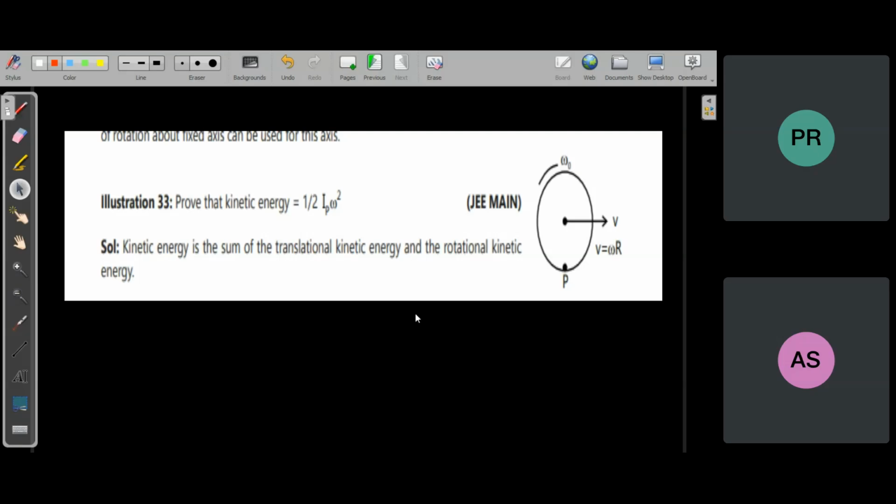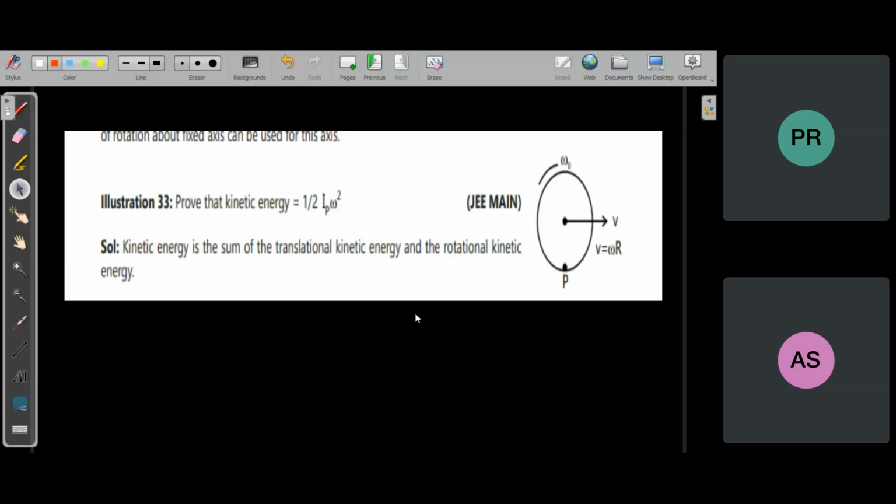General kinetic energy: is it the total kinetic energy or just the translational kinetic energy? Tell me, what do you think?